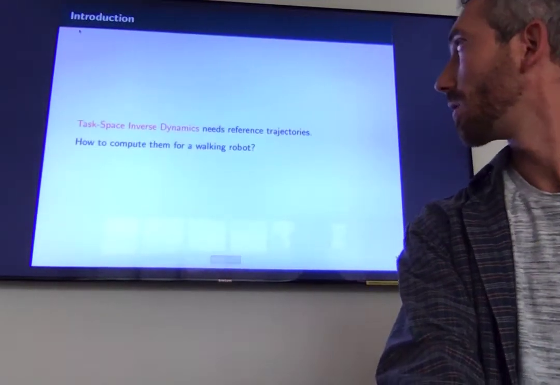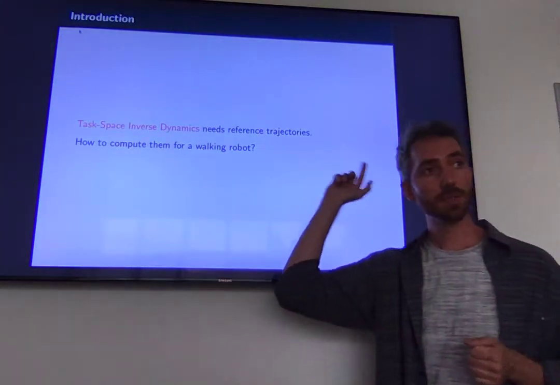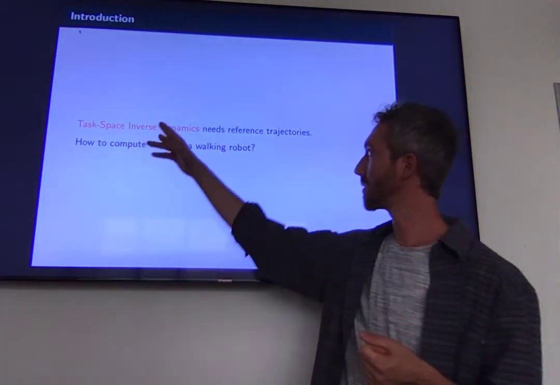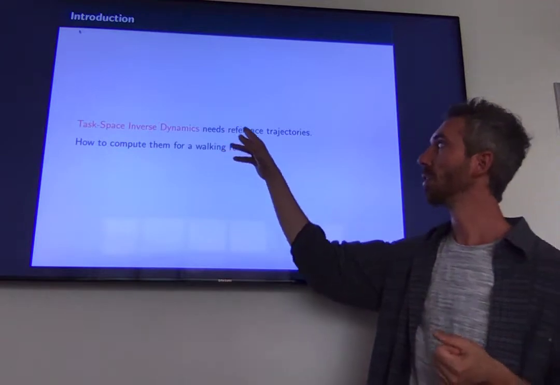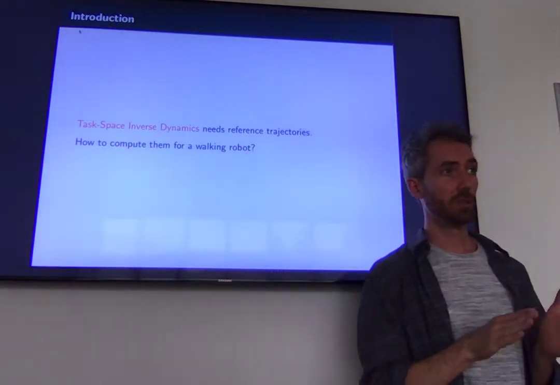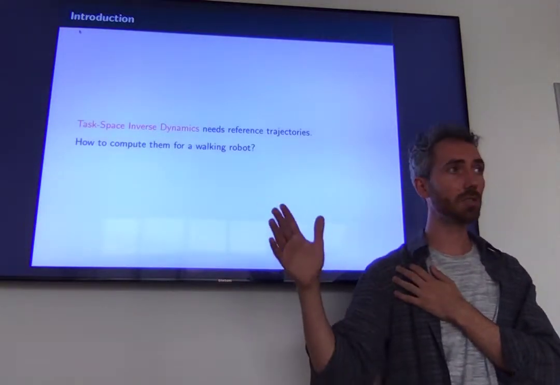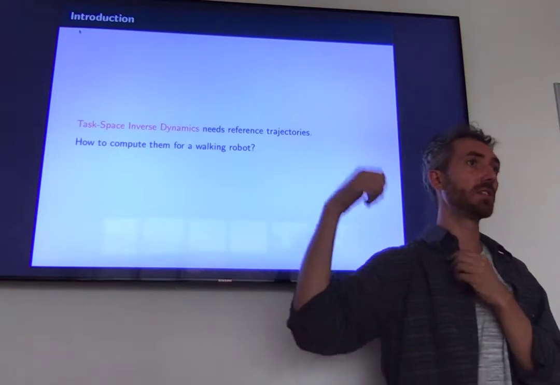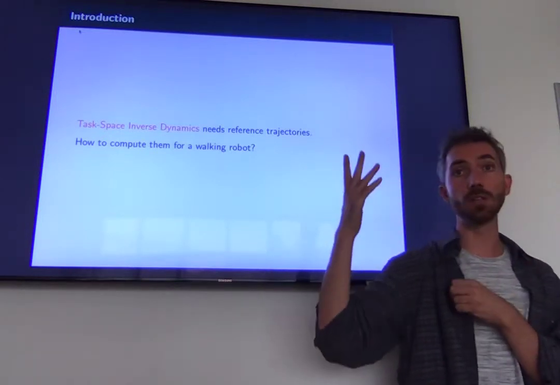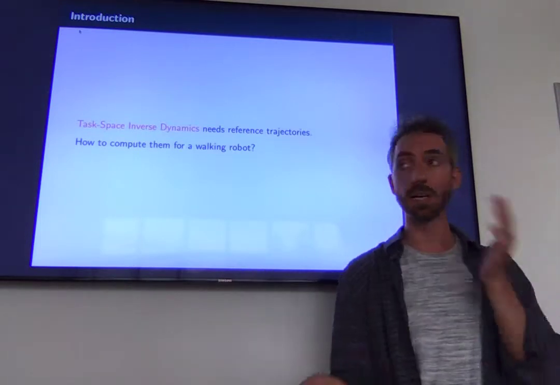In particular, I want you to think of the following question. In task space inverse dynamics, we have always started from the assumption that we had some reference trajectory to track. So for the manipulator, it was first a joint space trajectory, then we moved it to an end effector trajectory, which is a bit easier to get because we could just design it by hand.